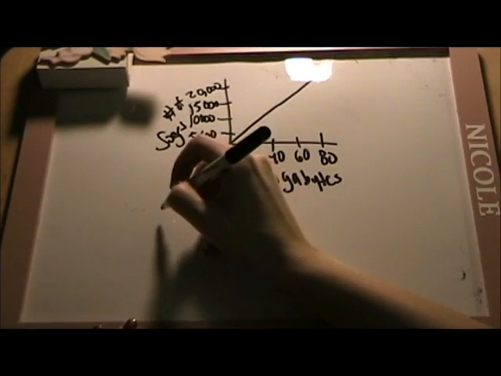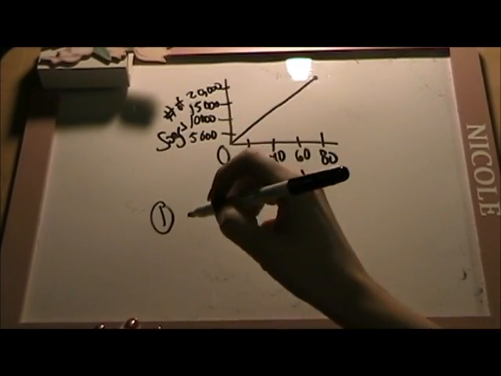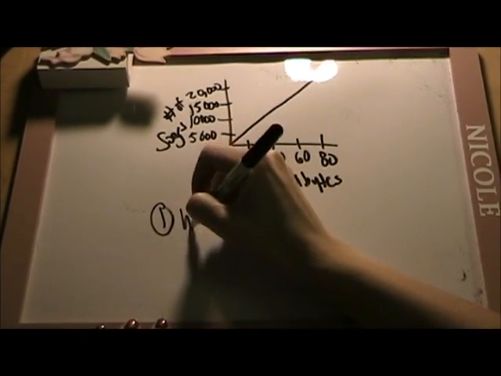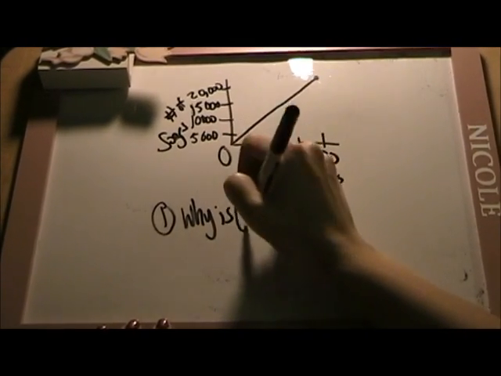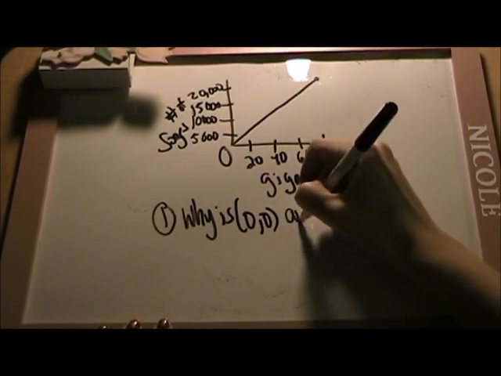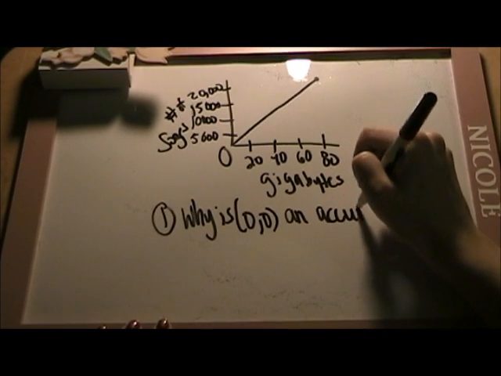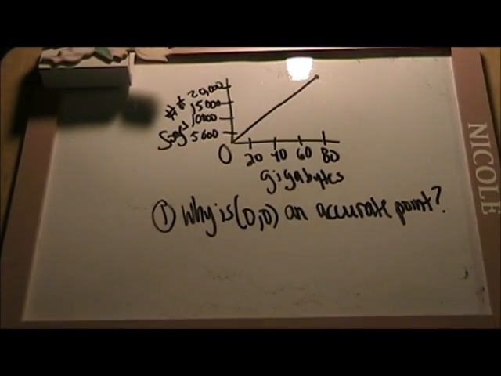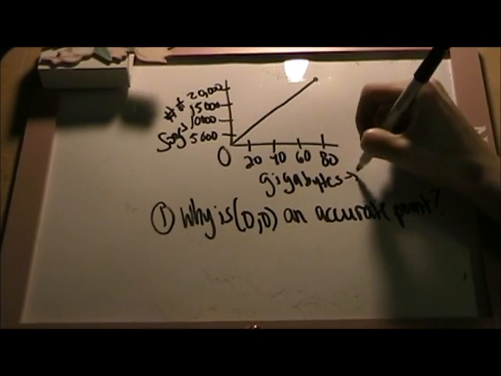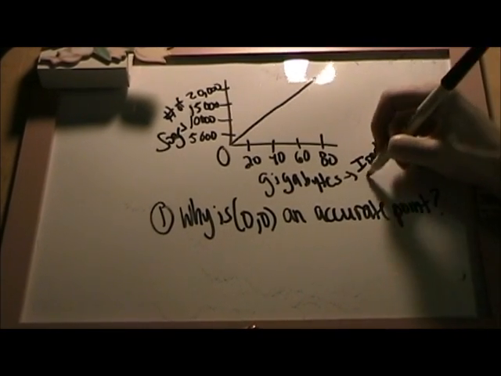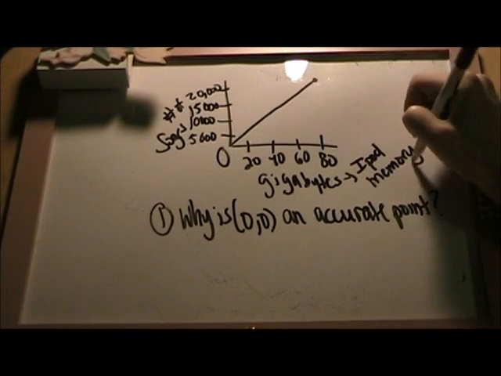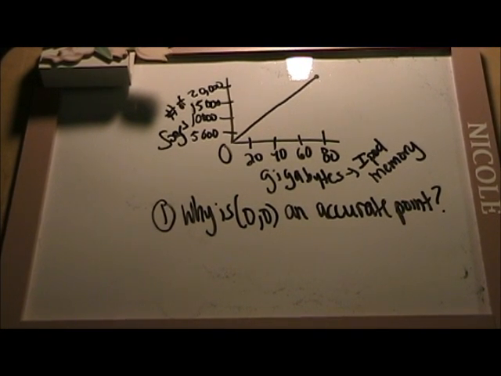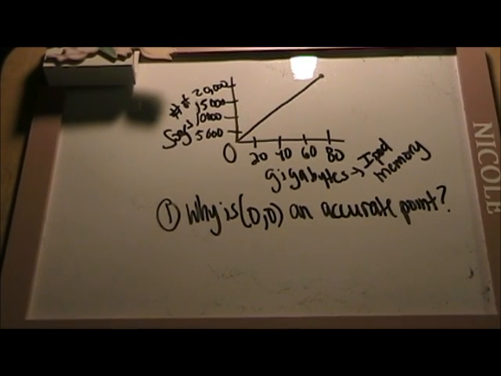So the first thing we want to talk about is, is 0, 0 an accurate point? Or in other words, why can 0, 0 exist in this word problem? So gigabytes, sorry, this should be iPod memory. That would be useful. So why is 0, 0 an accurate point?